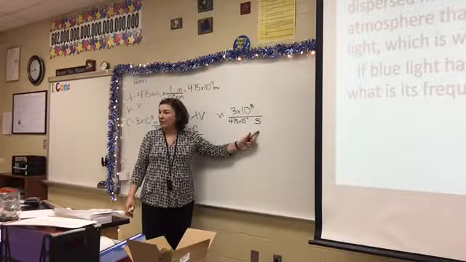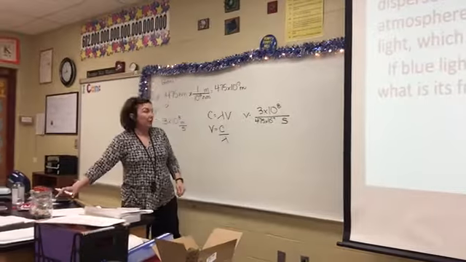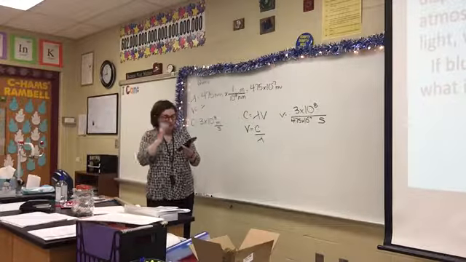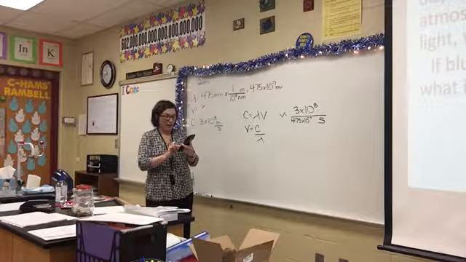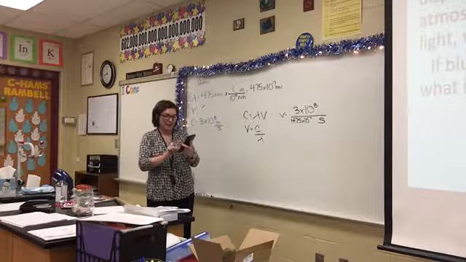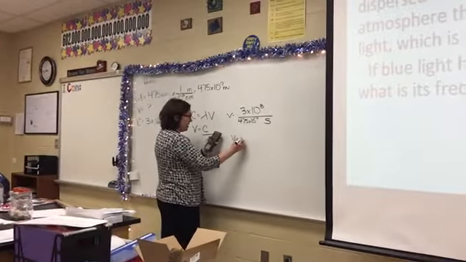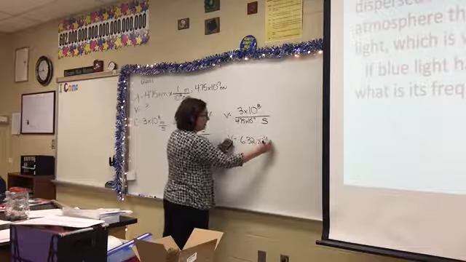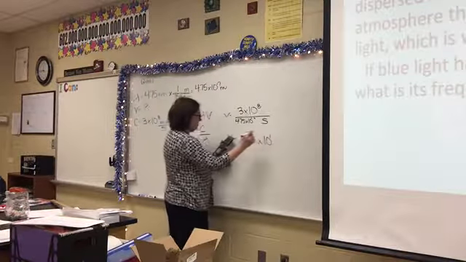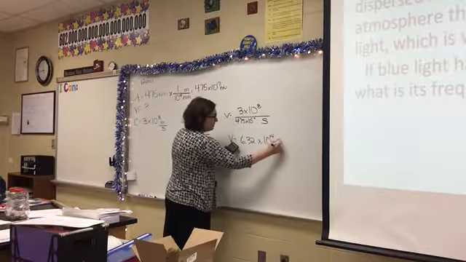It's going to give us frequency. So then I divide 3 times 10 to the 8th by 4.75 times 10 to the negative 7th, and I get frequency equals 6.32 times 10 to the 14th s minus 1.